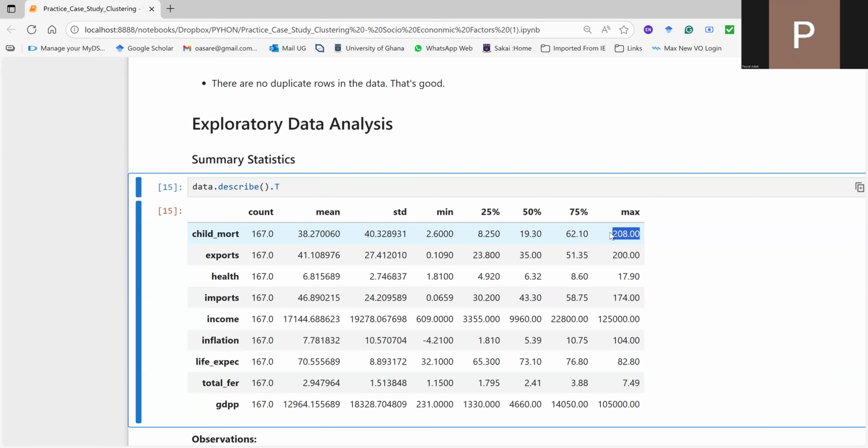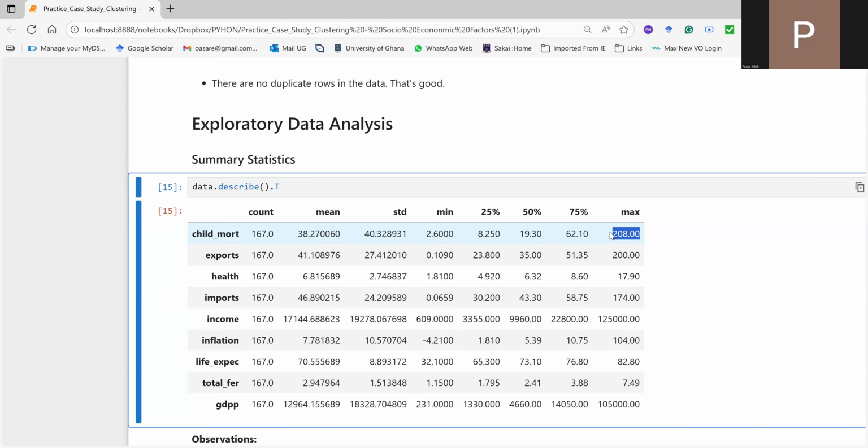Yes, Pascal. It means it's widely dispersed. What is widely dispersed? The mortality rate. What does that mean? So we have a lot from different countries.